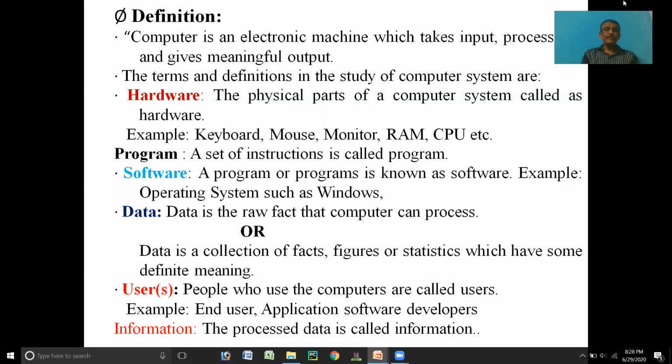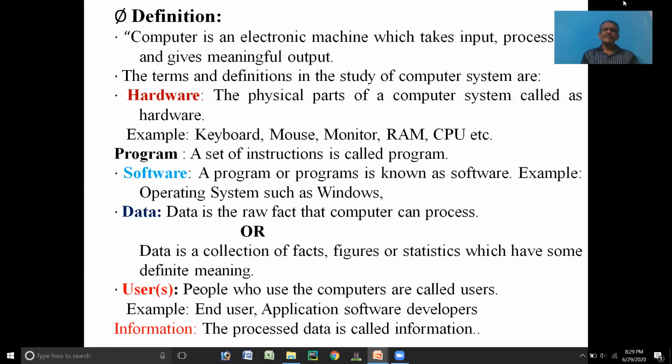All the physical parts of a computer system are called hardware. For example, keyboard, mouse, monitor, RAM, CPU, SMPS, BIOS, CMOS, etc. Each and every physical component of a computer is nothing but hardware.